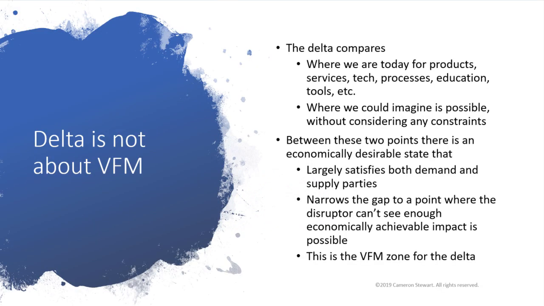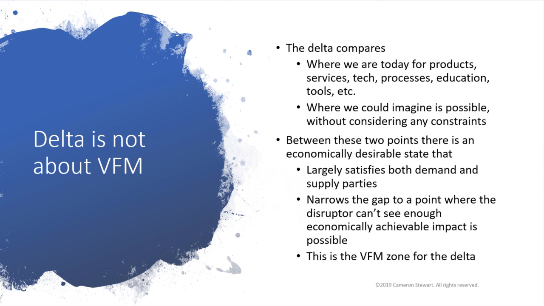Now, the delta is not about value for money. The delta is the difference between where we are today and what great looks like, what the very best it could be looks like, where we could imagine is possible without any constraint.